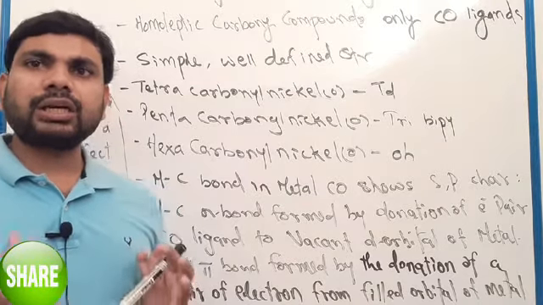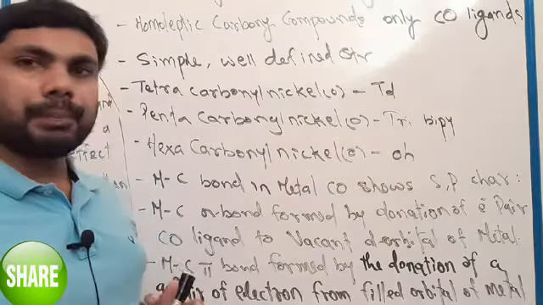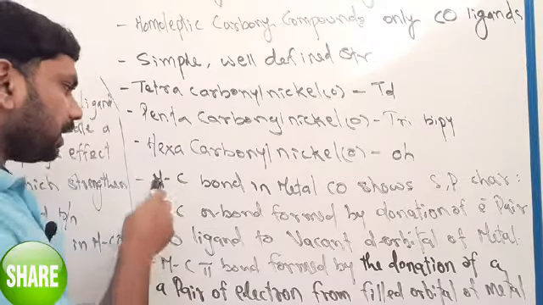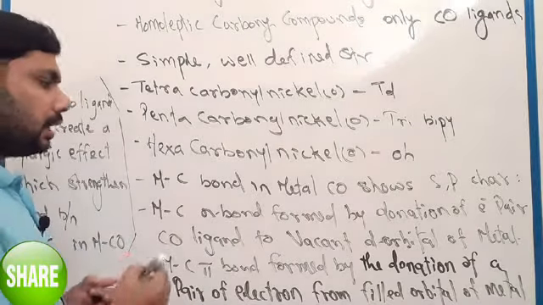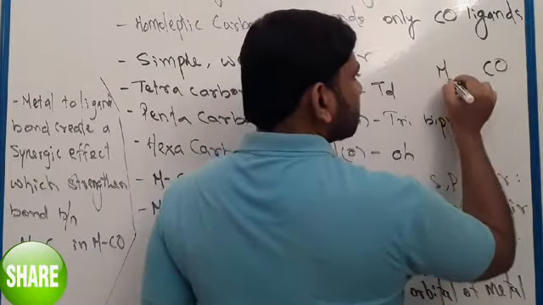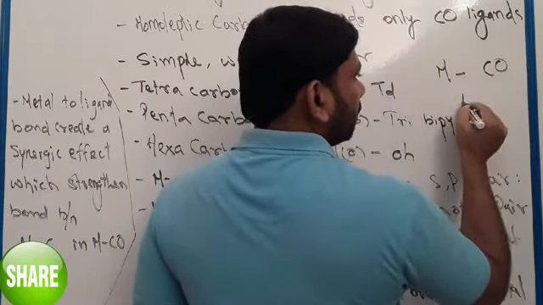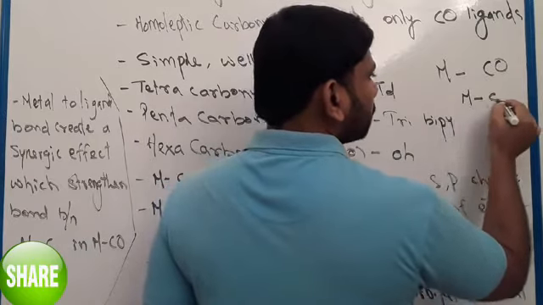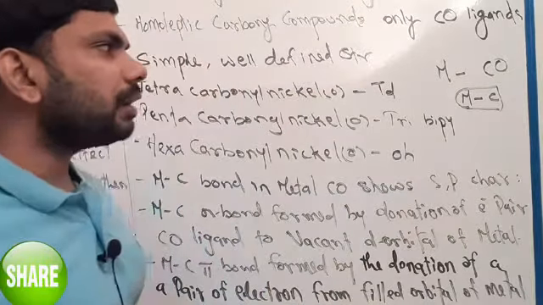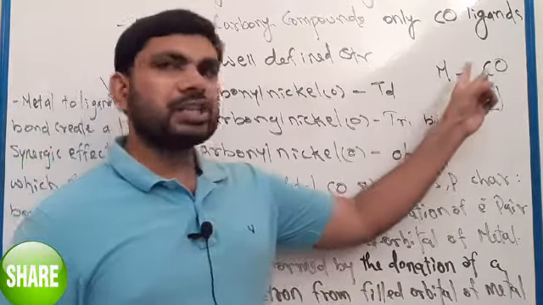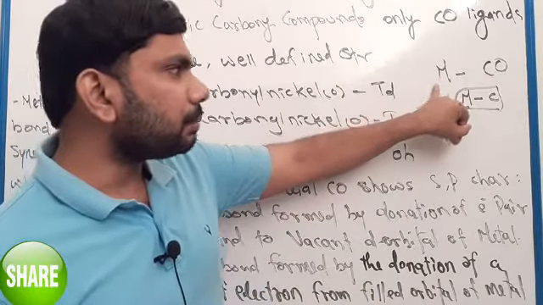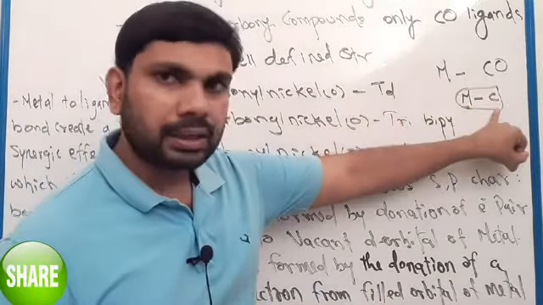In metal carbonyl, let us look at the bond between the central metal atom and the carbonyl. Carbonyl means the CO group, and there will be a central metal atom. Here the metal is directly bonded to carbon.